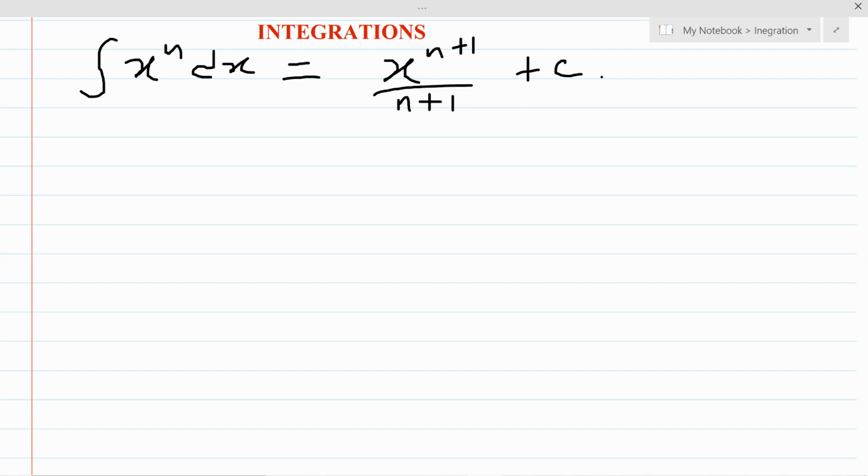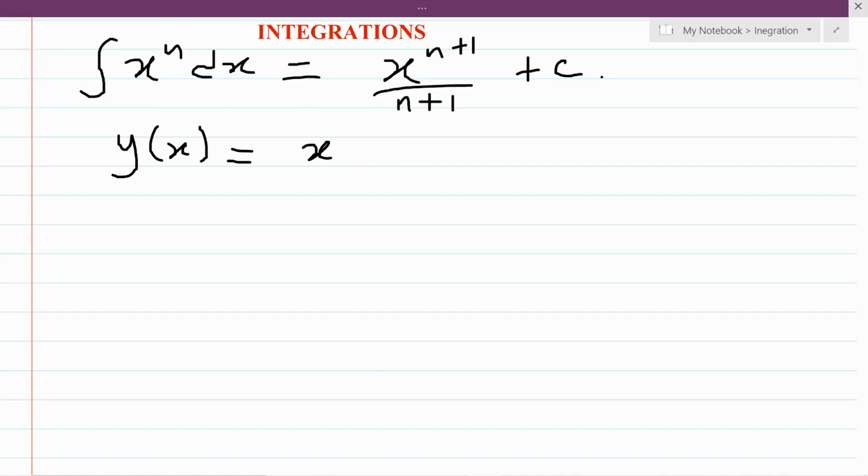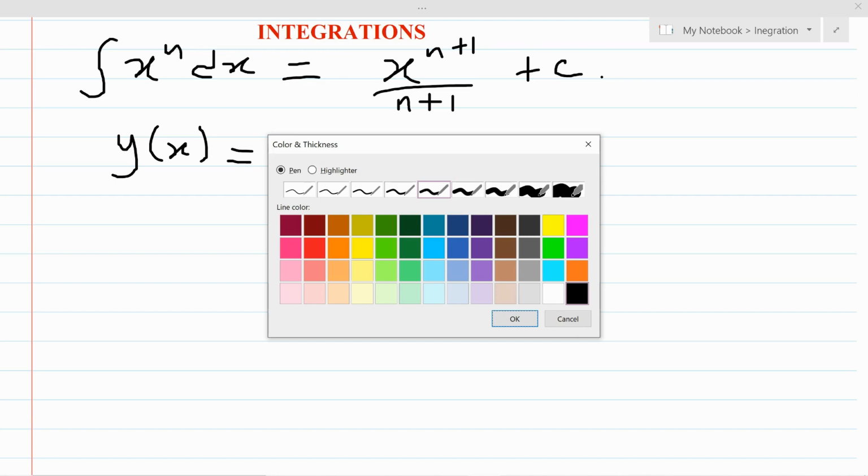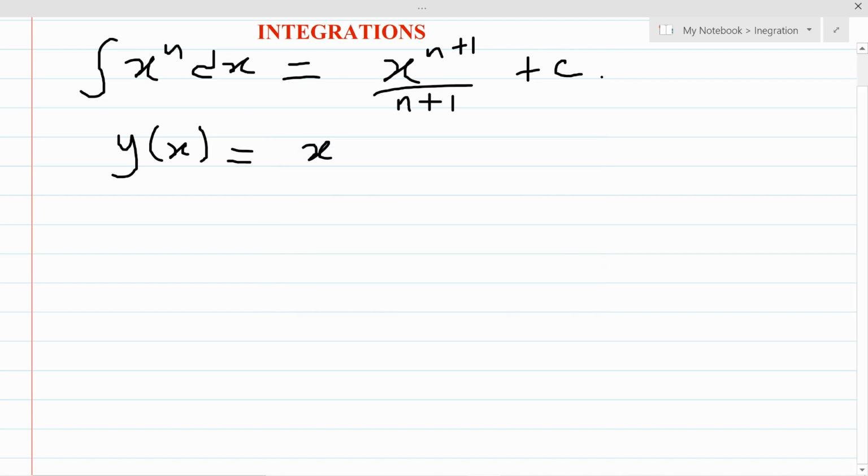So now, how do I integrate this? If I have a function of, let's say, y of x is equal to x, okay. How do I integrate this?